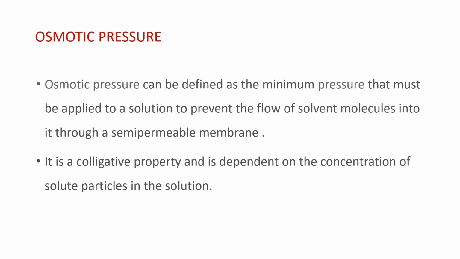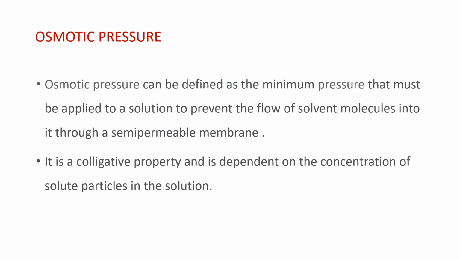We have already seen that in the thistle funnel experiment, the level of solution in the funnel gradually rises due to osmosis. This continues until the excess hydrostatic pressure developed in the solution is sufficient to stop osmosis. This excess pressure is called the osmotic pressure of the solution.